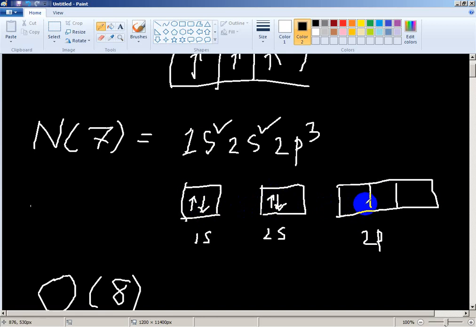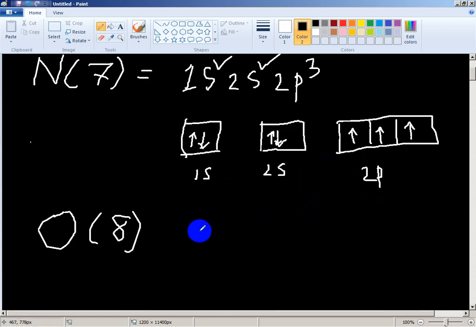The 2p subshell has 3 orbitals, so at first each orbital gets a single electron. So 1s has 2 electrons, 2s has 2 electrons, 2p has 3 electrons, this way.